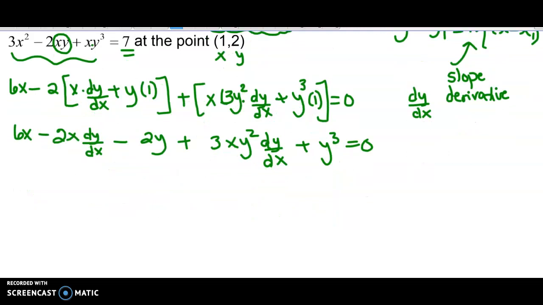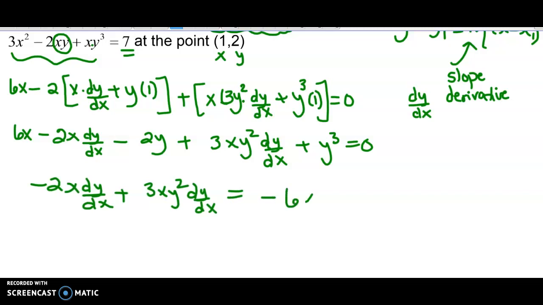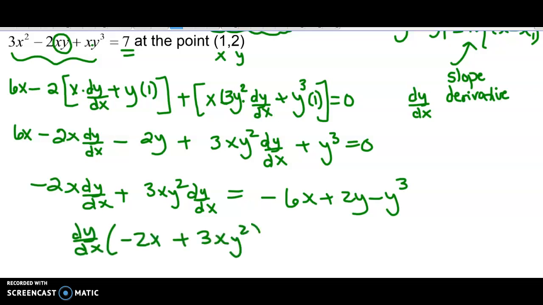Again, we want to group our dy/dx's, so I'm going to leave them on the left side, and I'm going to move every other term. And then I'm going to factor out. So I'm going to get negative 6x plus 2y minus y cubed. When I factor out my dy/dx, I'll get negative 2x plus 3xy squared equals this trinomial.